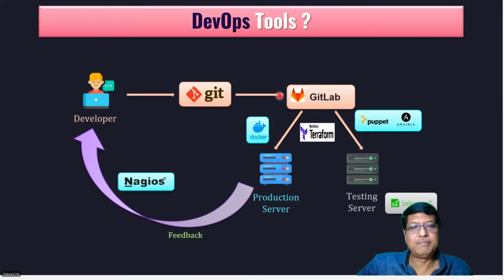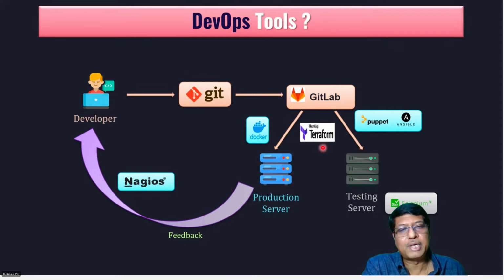And this is the same thing that we have. The developer puts the code on a version control tool, which is Git, and then GitLab will integrate the code and run it through the build server, either through Docker and the Maven build.